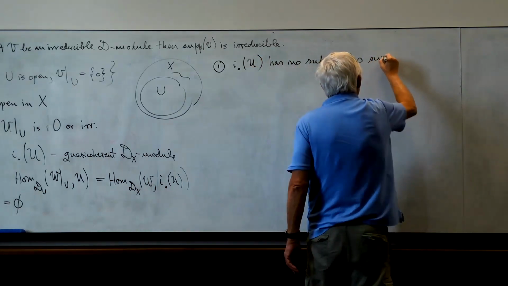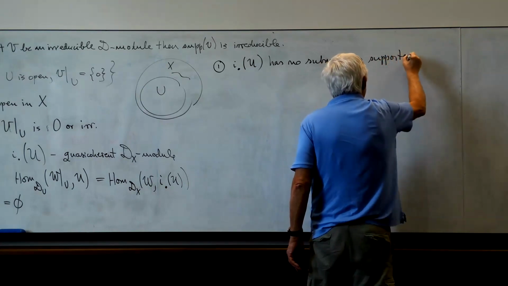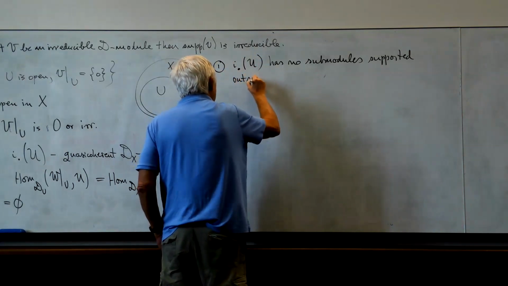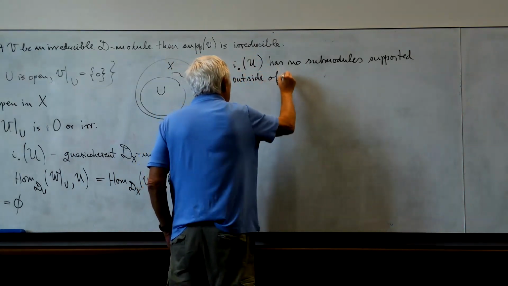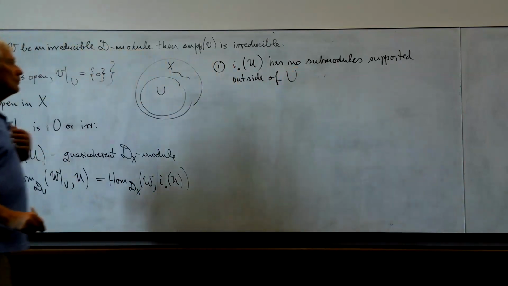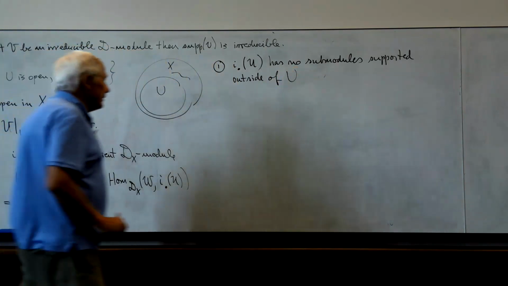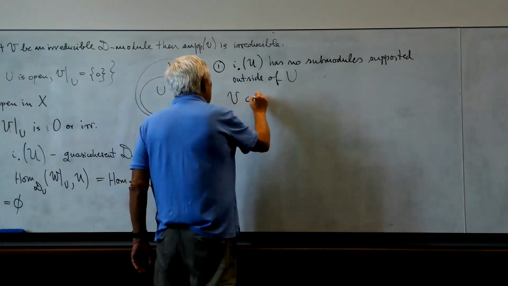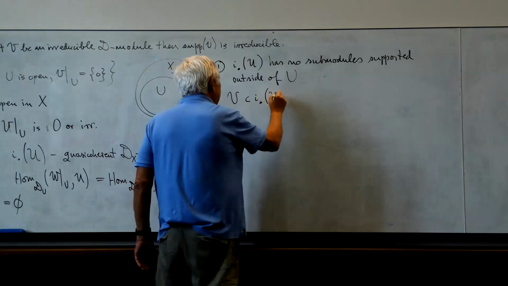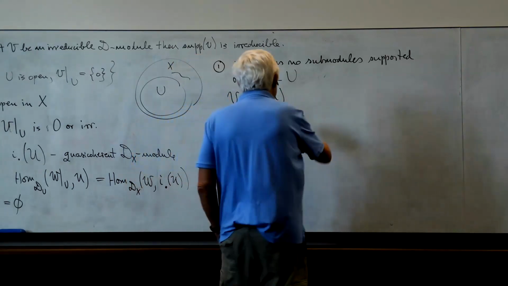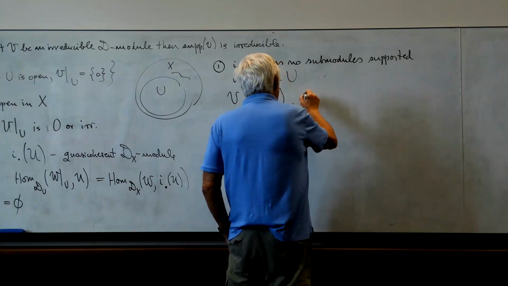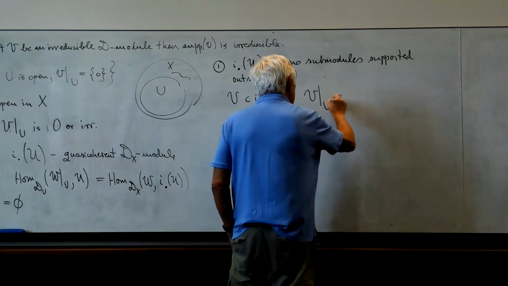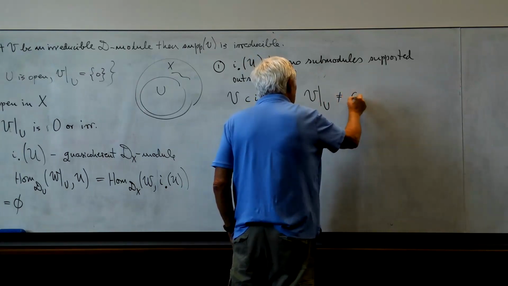supported outside of the set U. So in particular, if V is a submodule of this direct image, then V restricted to U has to be non-zero.